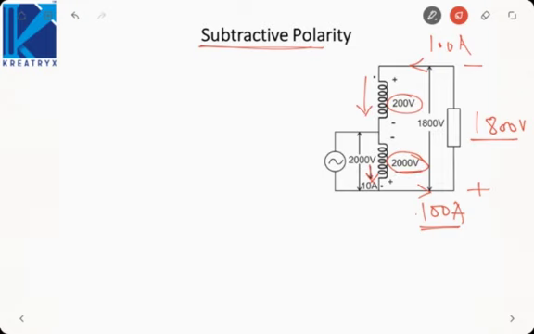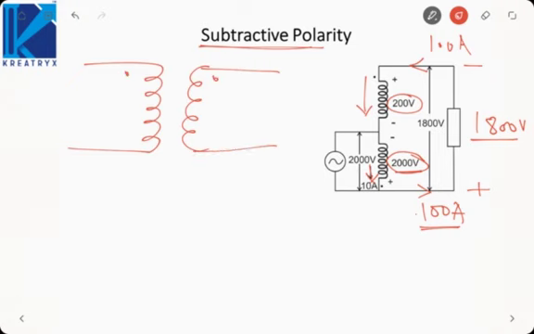Why is it so? Because in a transformer one thing is for sure. One current enters the dotted terminal and other current leaves the dotted terminal. Let me show you. Suppose we take a two winding transformer. This is my dot. It is primary winding, it will absorb the current. This is secondary, so it will deliver the current. So here current is entering the dotted terminal, here current is leaving. So in this diagram if you see, current is entering dotted.